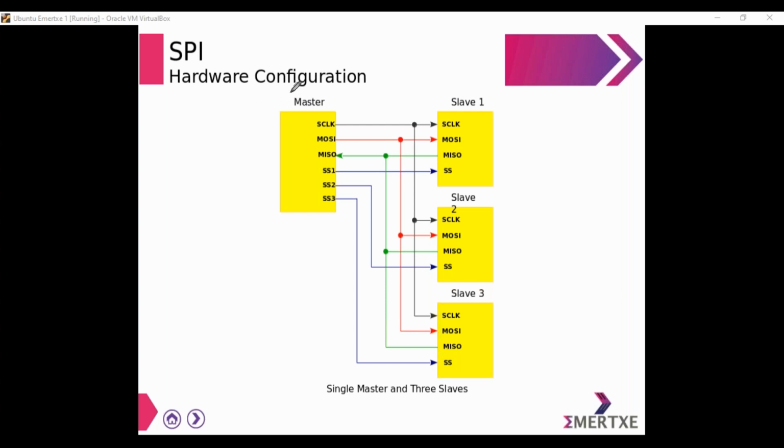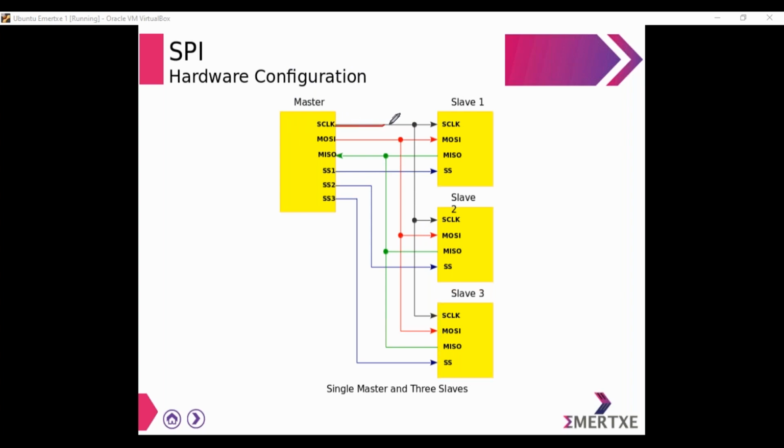Now the master can generally be your microcontroller. Slaves can be devices which are not capable of generating the clock pulse, maybe an RTC, a temperature sensor, an EEPROM, a flash memory, a DAC. So it can be anything. Whenever the communication is happening, it's the master who generates the clock pulse for every slave.